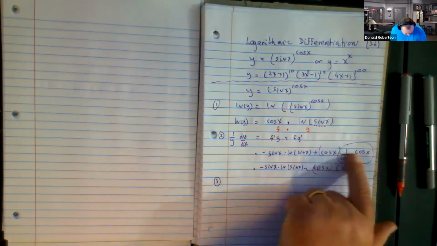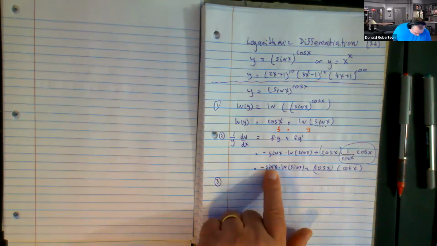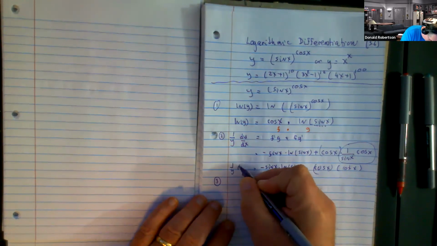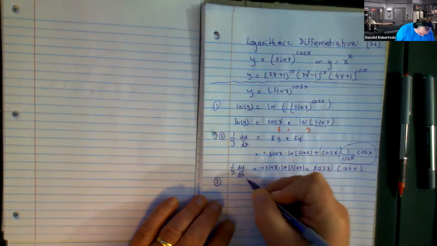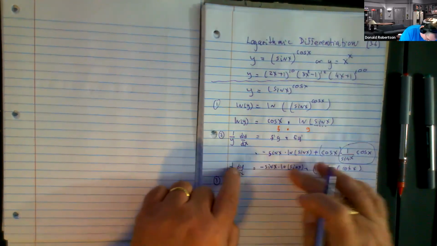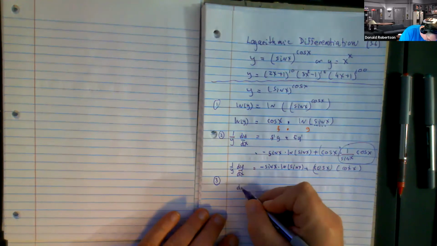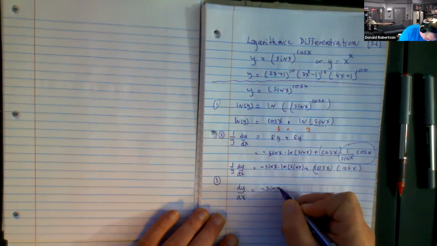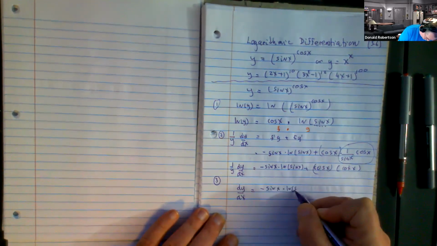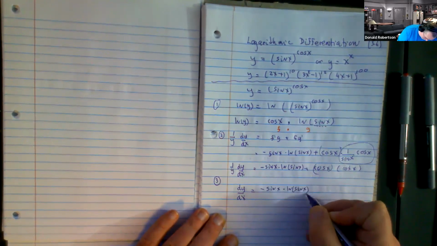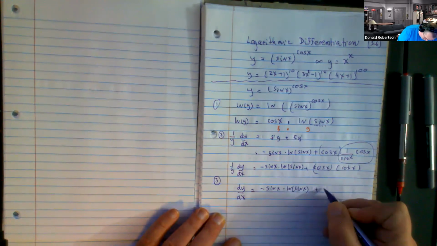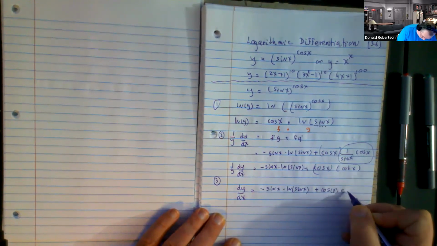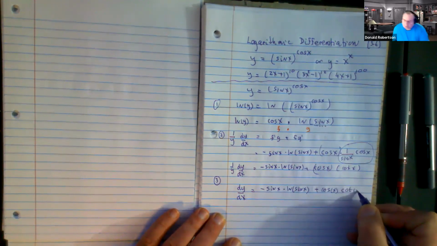Once you've differentiated and made it as pretty as possible, the next step is to multiply both sides by y. And this line will always happen. So what you're now going to get is dy by dx is equal to negative sine x times the natural log of sine x plus cosine x times cotangent x, multiplied by y.